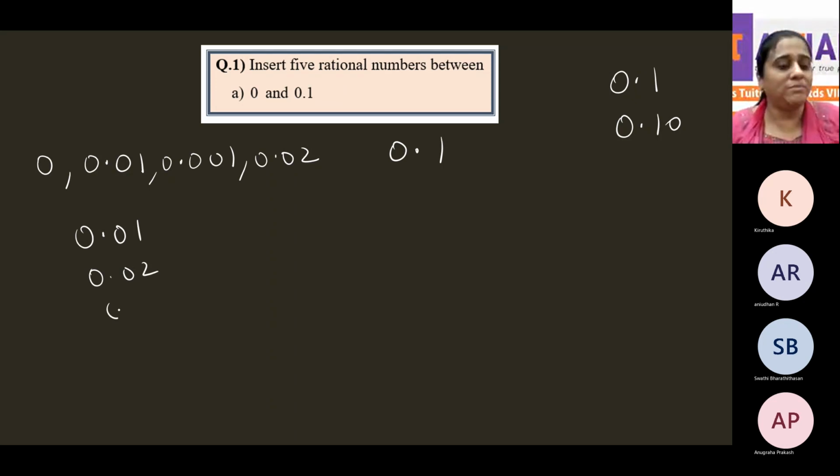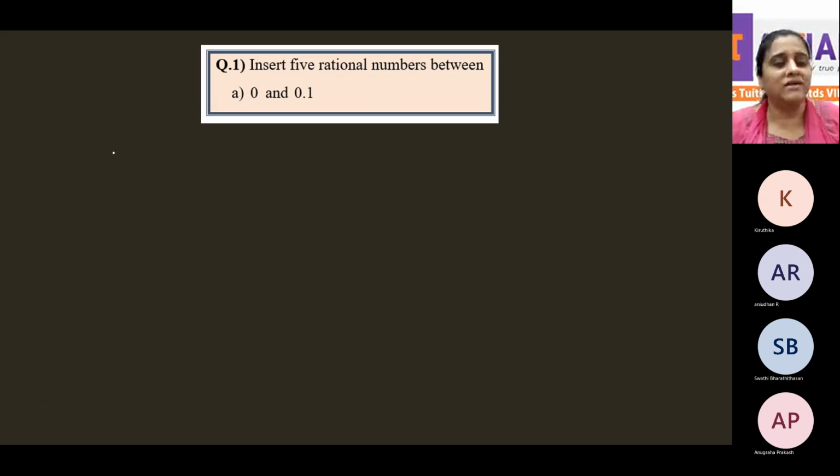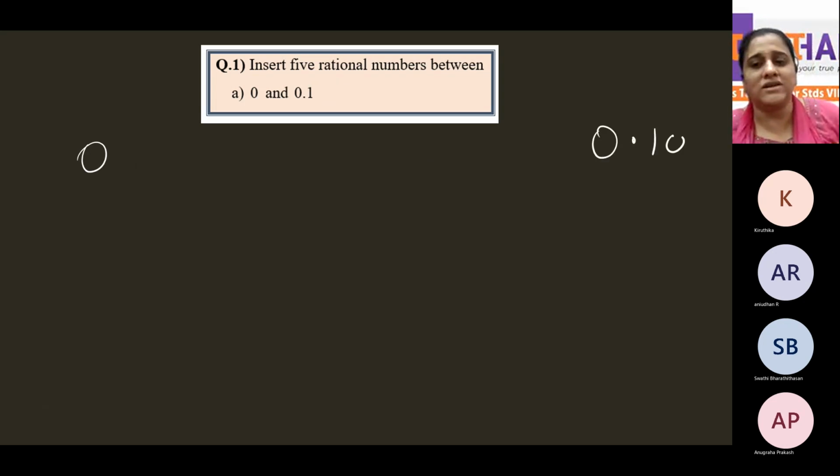Let me start again. 0 and 0.1, okay. 0.1 is like 0.10, like 10 it is. So this is 0.0, correct? Listen carefully, children. Sometimes, simple things are slightly challenging to explain. Very simple, but yet difficult to explain. So please get it.